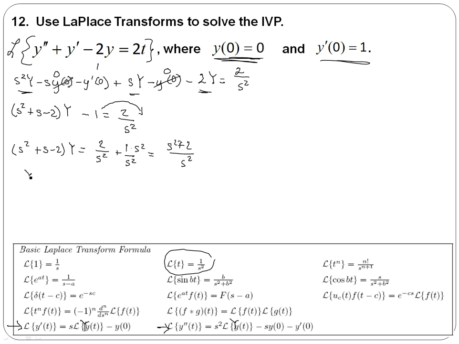And then to solve for Y, you want to divide by s squared plus s minus 2. And that'll put an s squared plus s minus 2 in the denominator. Now s squared plus s minus 2 factors into s plus 2 times s minus 1.